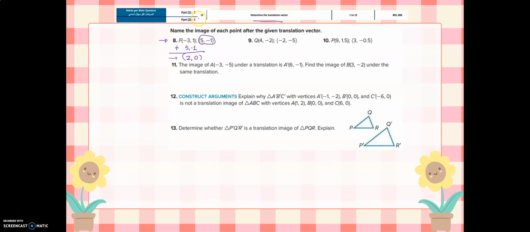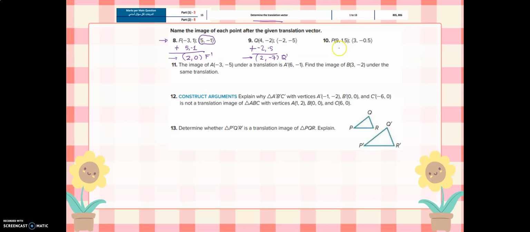Okay, and same goes with this example number 9. Just add negative 2 and negative 5 to the point. So we have here 2 and negative 7. All right, so this is the translation of Q, or this is what we call the Q prime. Here we call it the F prime.